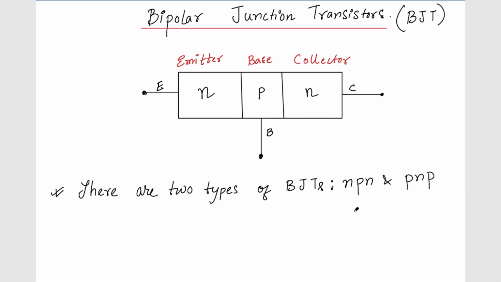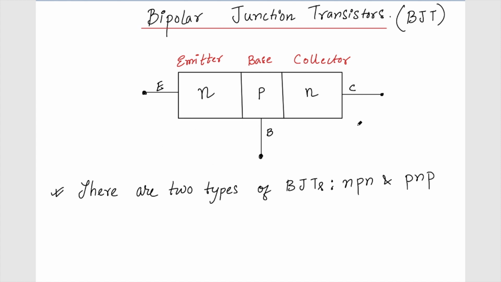Once we know how the NPN operates, understanding how the PNP transistor operates will be very simple. So we'll focus on understanding how the NPN operates, and the PNP operation is also quite similar.